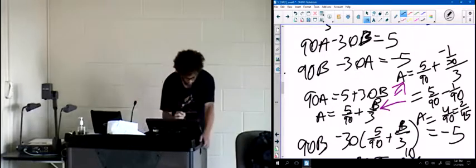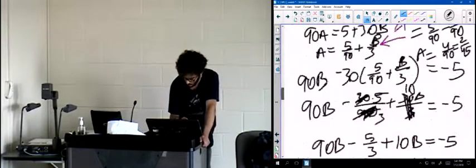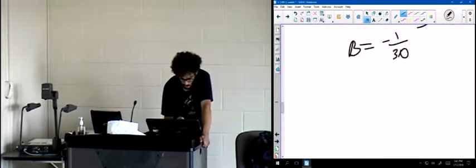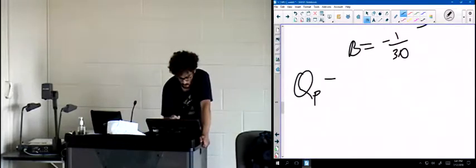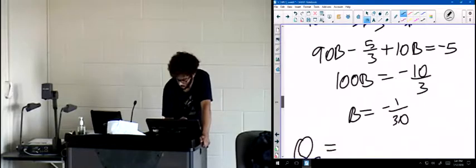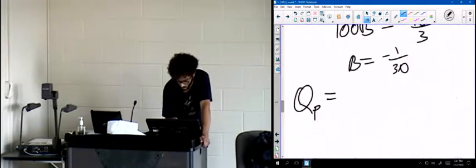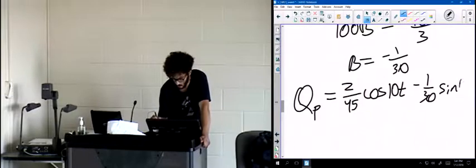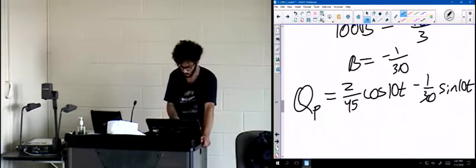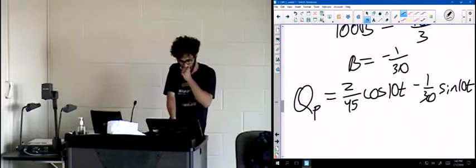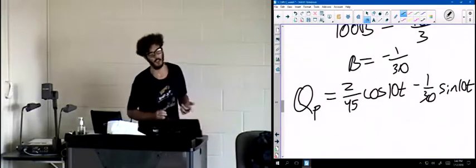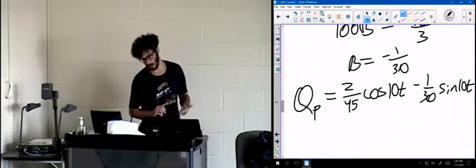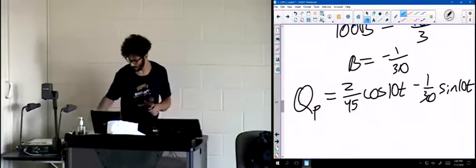And now we have a particular solution. And it looks like this. 2 over 45 cosine of 10t minus 1 over 30 sine of 10t. And now, the problem wanted the steady state current.